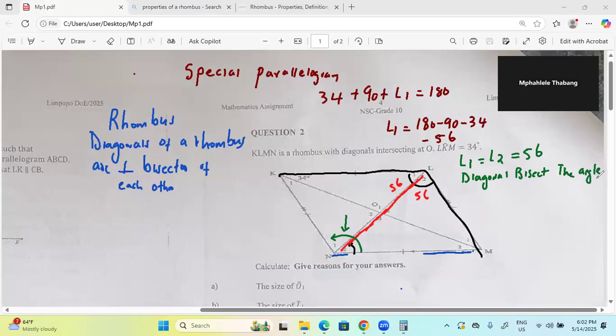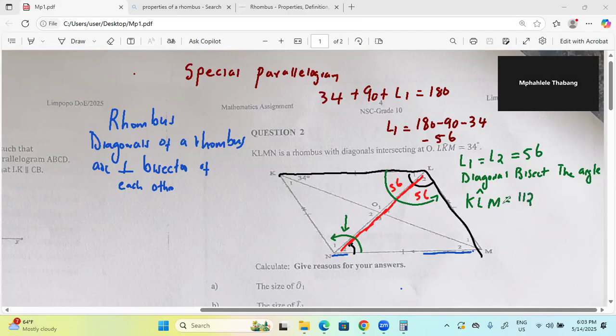So I know that L1 must equal L2, which means that the angle L1 plus L2, which is this angle now, the whole angle here, is going to be 112. It means the angle KLM, I'm just saying, look at the triangle KLM and look for L. You'll see it's L1 plus L2. This KLM is 112.